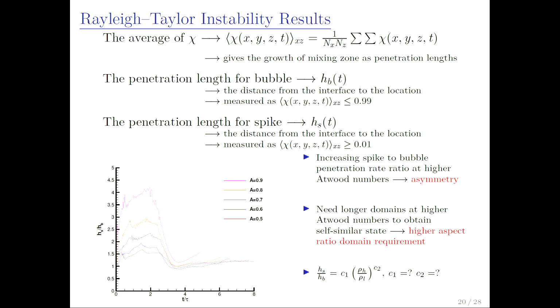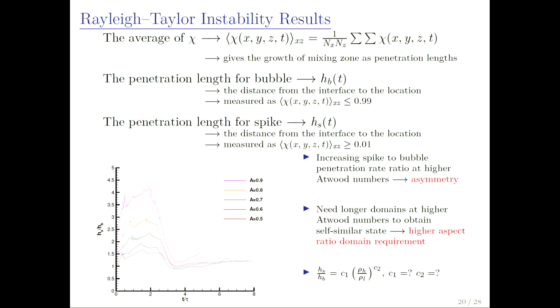First of all, the 0.5 and 0.6 Atwood numbers have already reached the strongly nonlinear or self-similar region, but 0.7, 0.8, and 0.9 haven't reached it yet. So this says that to analyze the high Atwood numbers properly, you need higher aspect ratio domains. This is the first finding.